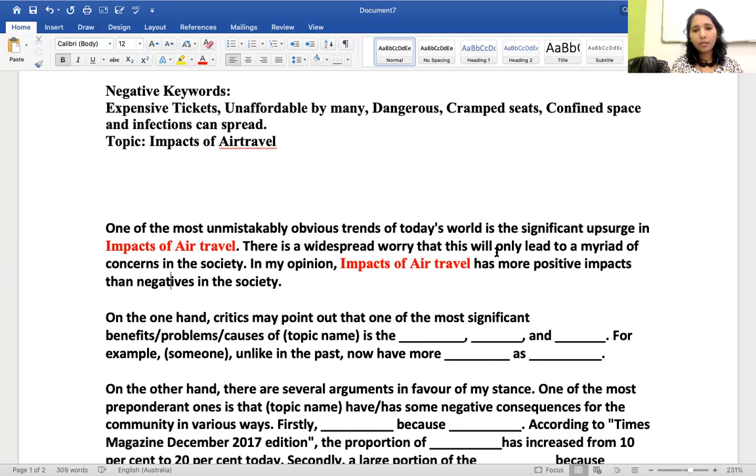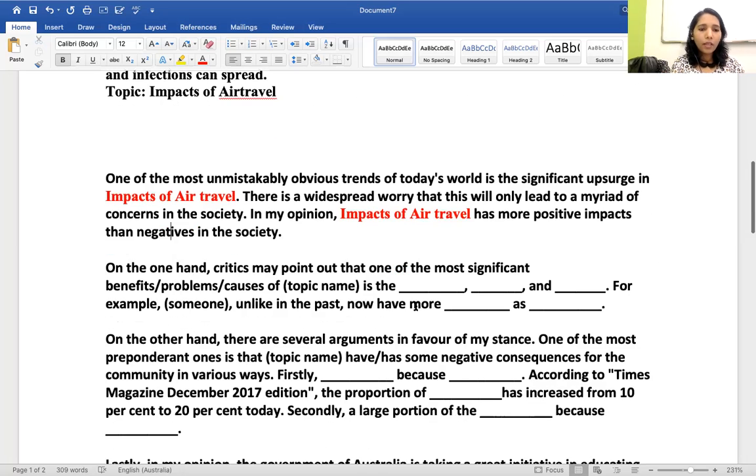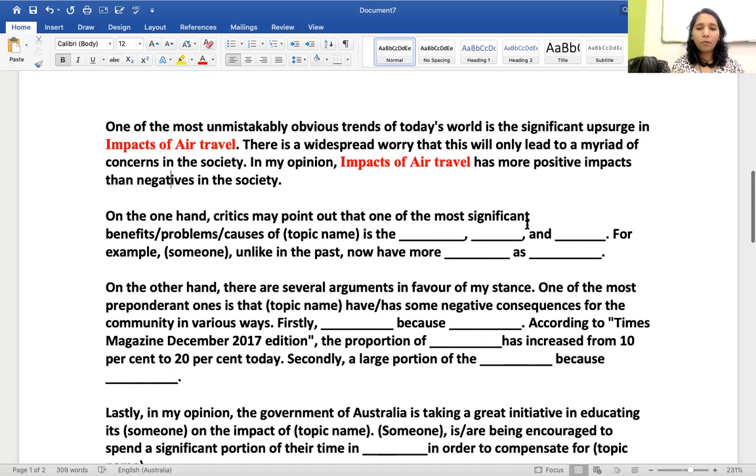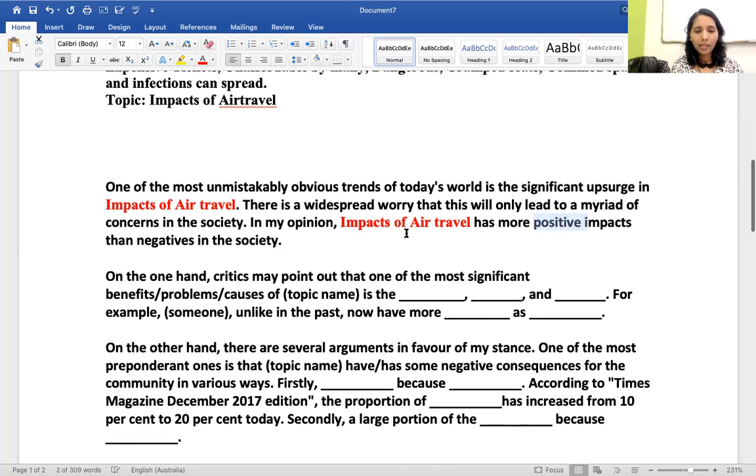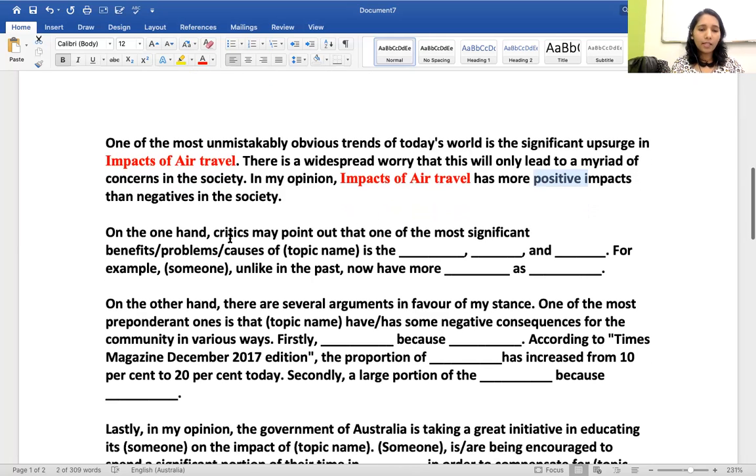So the impacts of air travel has more positive impacts than negatives in the society. Okay. On the one hand, critics may point out that one of the significant, so this critic is always opposite to your point of view or your opinion. So in your opinion, this topic has more positive impacts. So the critic is going to say it has more problems.